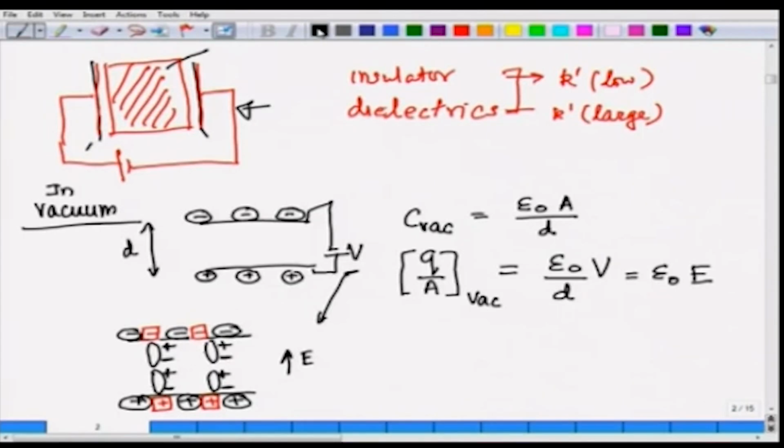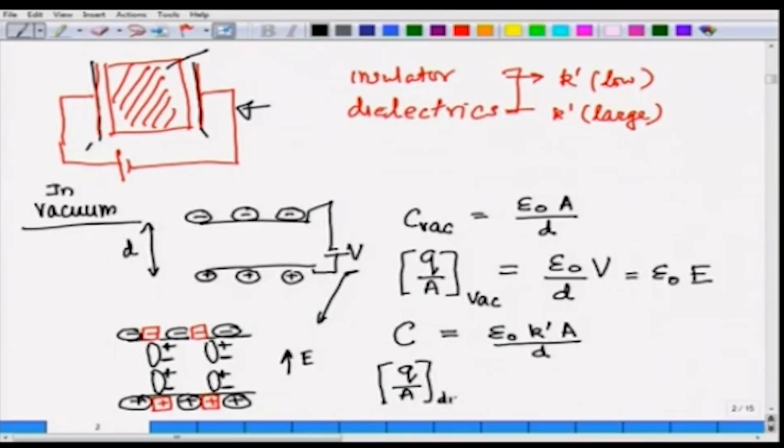If I write capacitance, you very well know this capacitance in this case is given by epsilon naught, the dielectric constant times area divided by D. And now, if I want to write Q by A in this case, what will that quantity be is what we want to write.